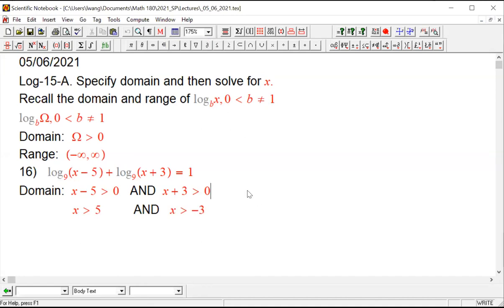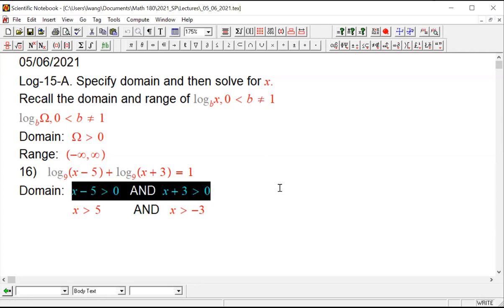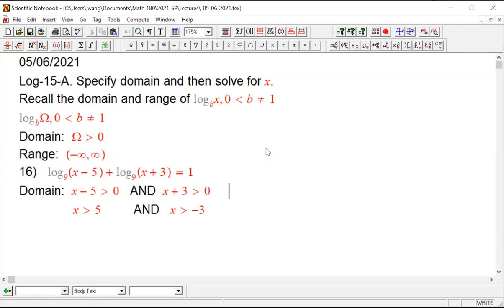I want to put a note here. When you set up a situation like this, I will be looking at this greater than 0 and this greater than 0: three parts, 1, 2, 3.